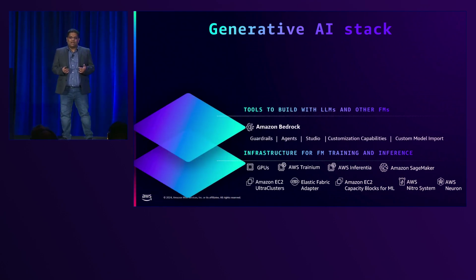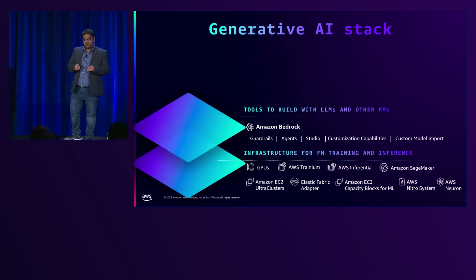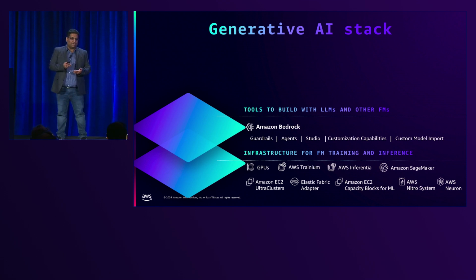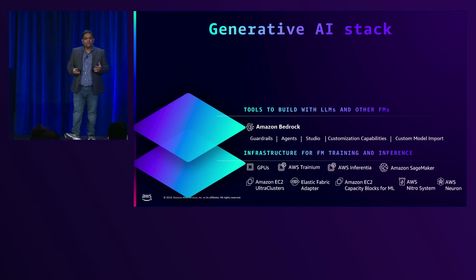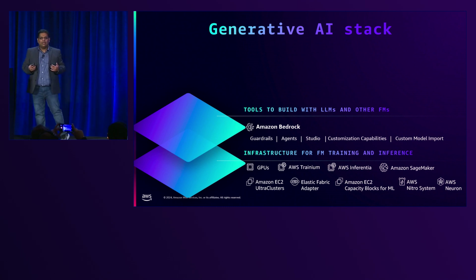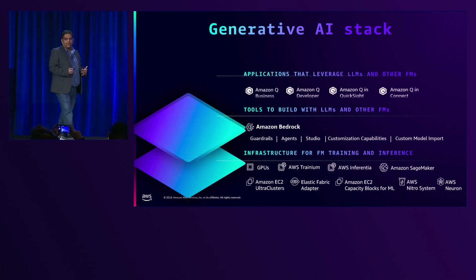Right on top of that, we have Amazon Bedrock as a serverless service that provides you a lot of capabilities around those foundation models. It also gives you agents and guardrails to build applications around Bedrock. You have Bedrock Studio, where you can play around with large language models and see what fits better. You can also custom import your model and make it work on Bedrock.